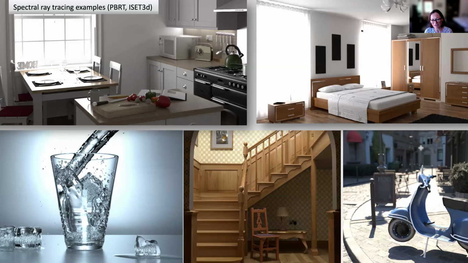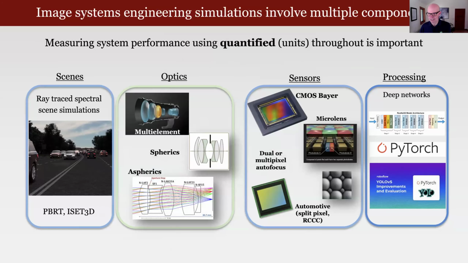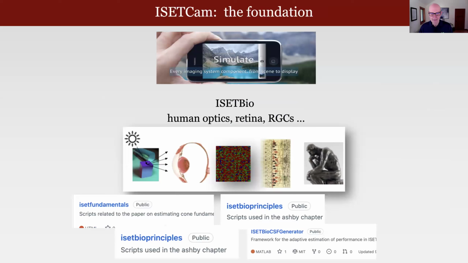So let me just end. I don't mean to push too fast, but we've got this big collection. ISETCam is at the bottom where we use it. We use it in various ways to build complex scenes with optics and sensors and so forth. And then ISET Bio is for you if you're going to take these scenes, and we'll do optics next, and go into the retina.